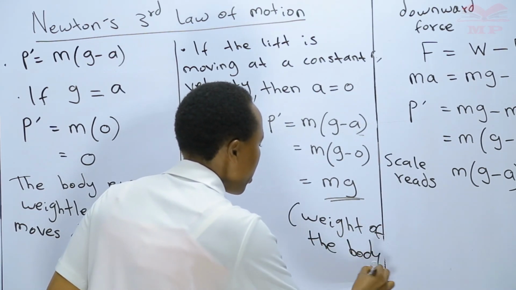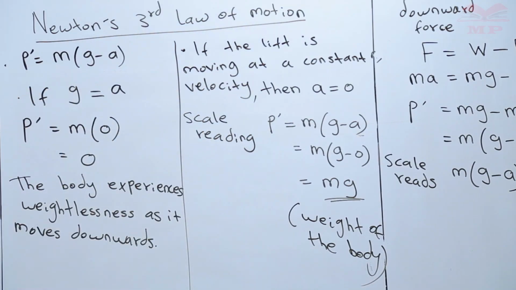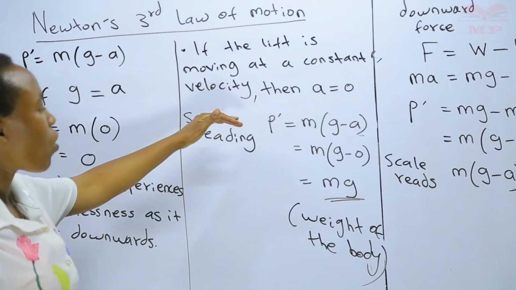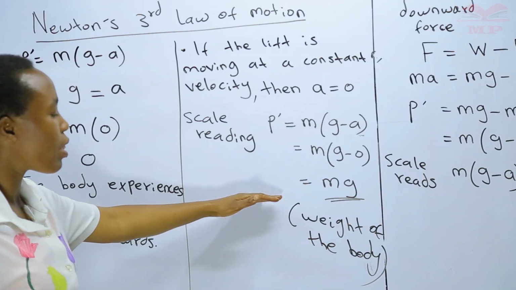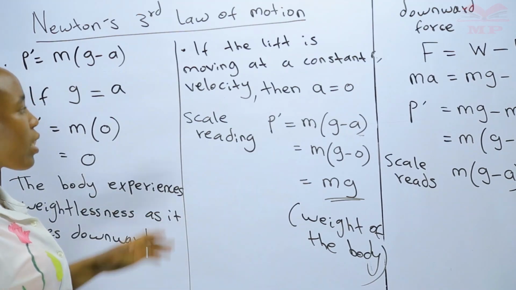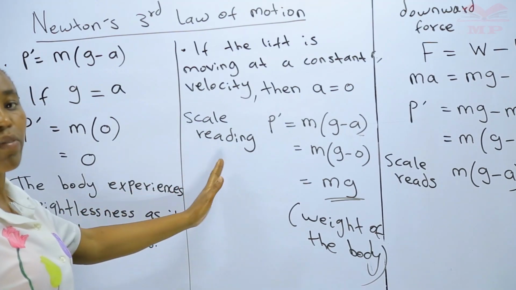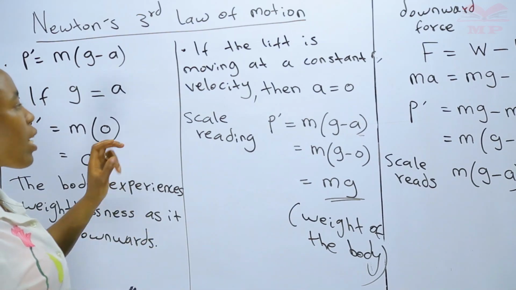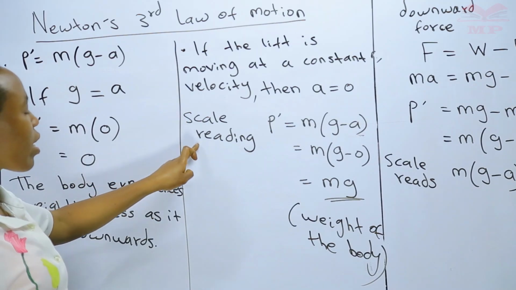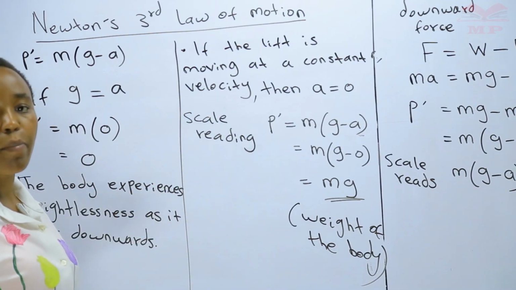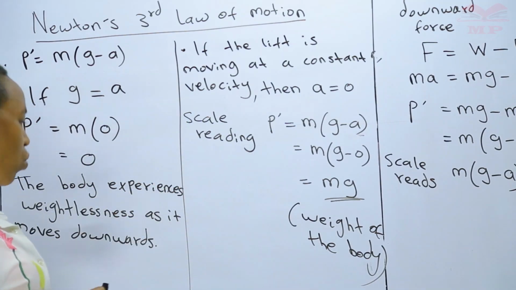That is when the body is moving at a constant velocity. The acceleration is 0, and therefore the scale reading will be the weight of that body. That is for the case either when the lift is moving upwards or when the lift is moving downwards. Therefore, the reading is the weight, which is mass times the gravitational force.